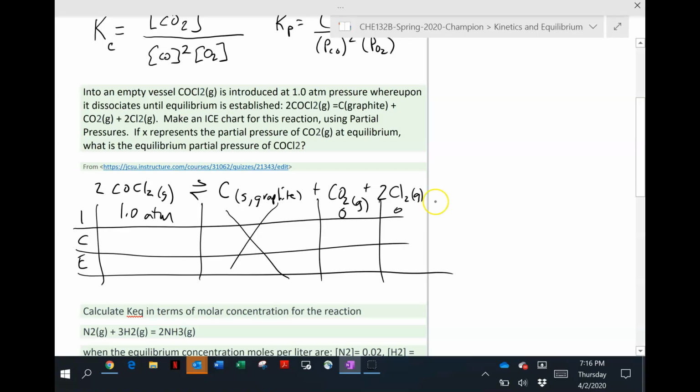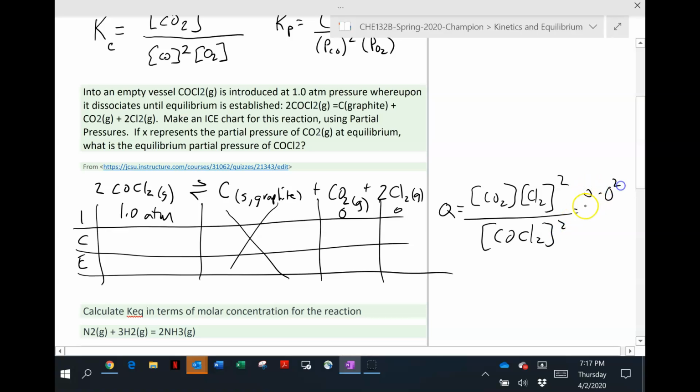So if we calculated Q for this, that Q would be CO2 to the first, Cl2 squared over COCl2 squared, and using those conditions, it's 0 times 0 squared over 1 squared. That's 0.